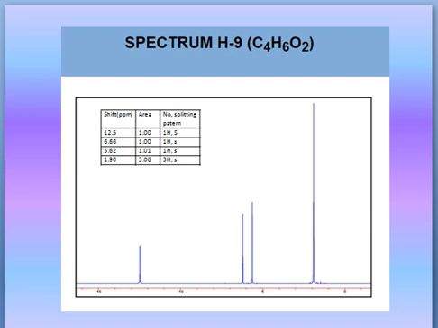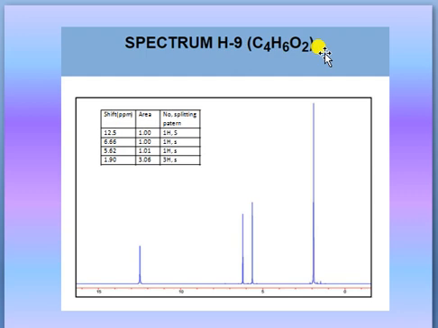So there are 6 protons, and we can see singlets. All are singlets, and two oxygens are also there.